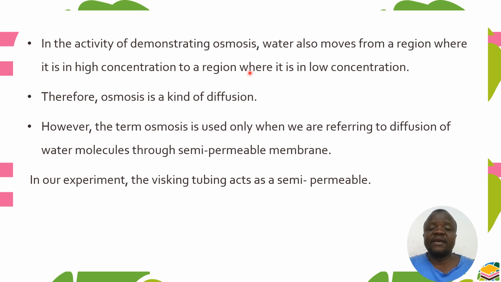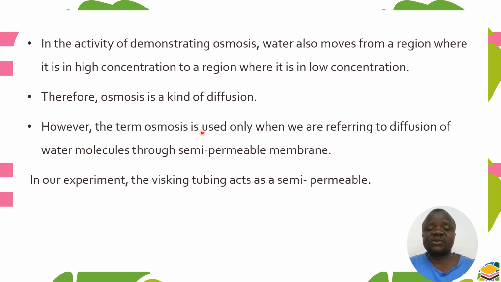So you can see inside the Visking tubing, we have sucrose or sugar solution. So therefore, we have fewer water molecules. That's why water moves from the beaker into the Visking tube through this semi-permeable membrane. So therefore, osmosis is also a type of diffusion.